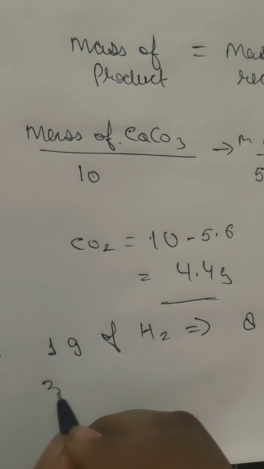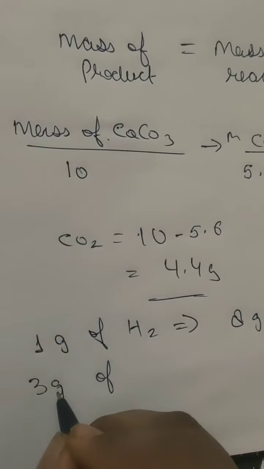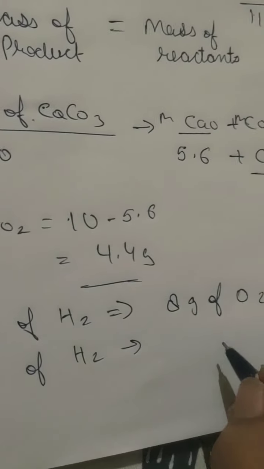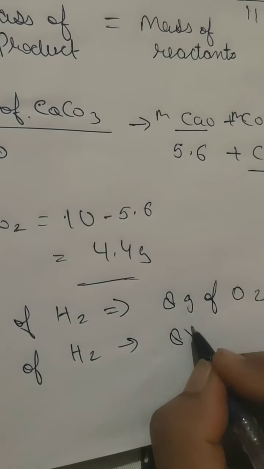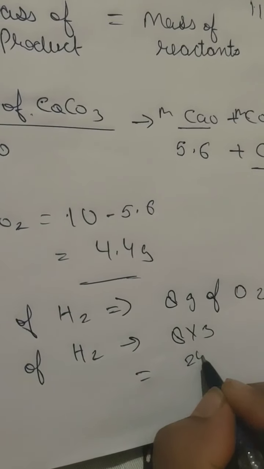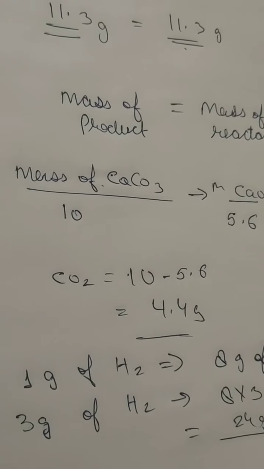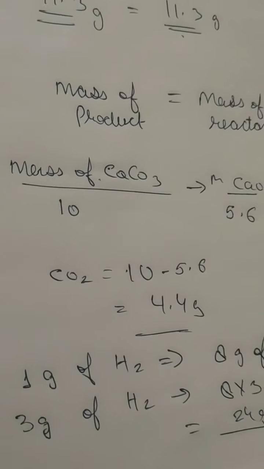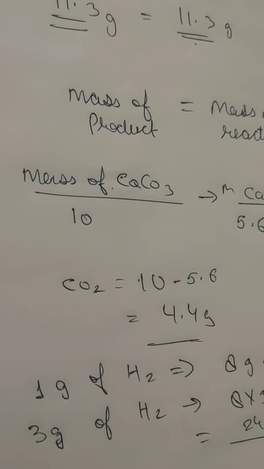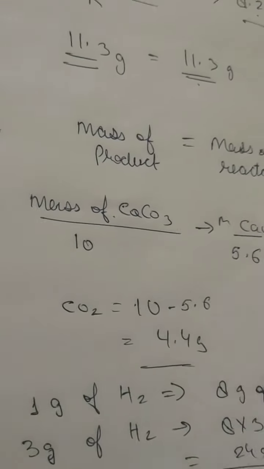That means 3 grams of hydrogen will require 8 times 3, which is 24 grams. So 24 grams of oxygen is required to react completely with 3 grams of hydrogen. That is very simple. I hope you can do it.